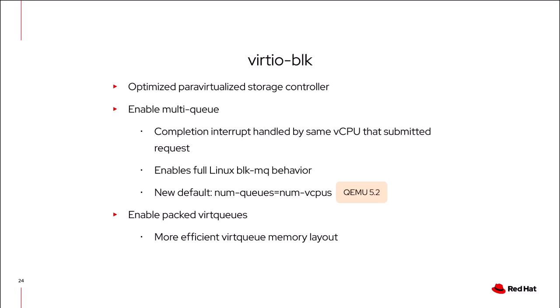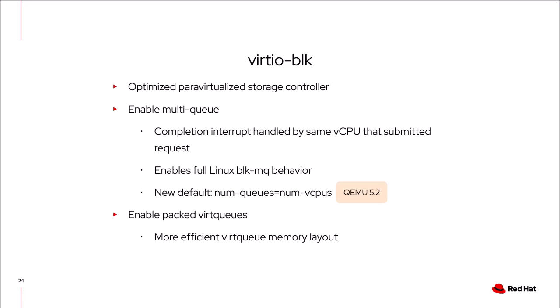The reason why this improves performance is that giving every vCPU a dedicated queue means that the completion interrupts can be directed at the CPU that submitted the I/O. And that's the one where the task is scheduled and where we want to do our completion.